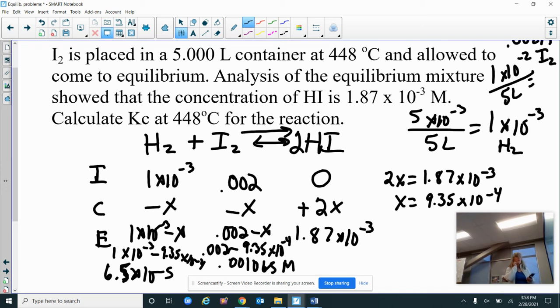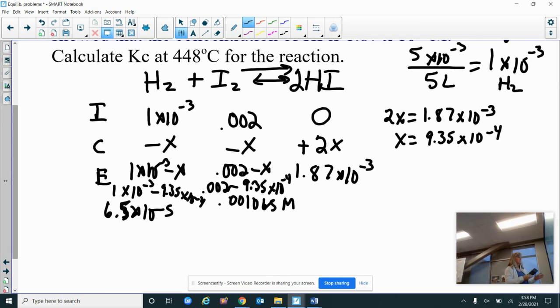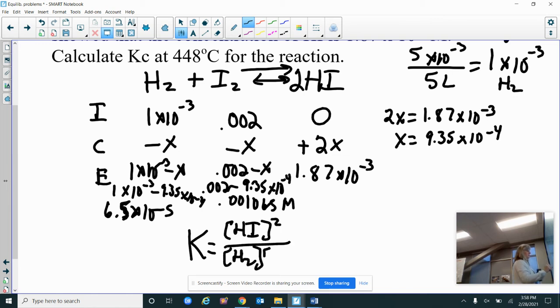So now I have all the concentrations and it says calculate Kc. So plugging those amounts into the K expression. What is the K expression? It will be HI squared, because there's 2 HI, over the concentration of H2 times the concentration of I2.